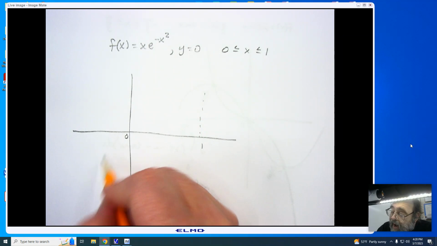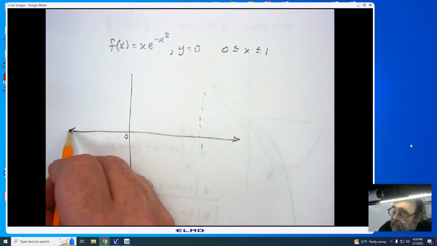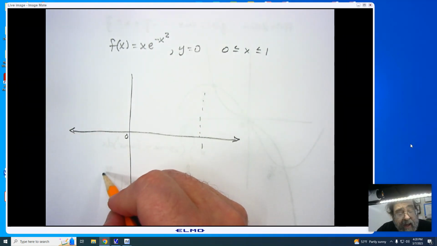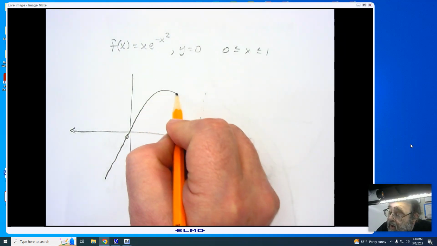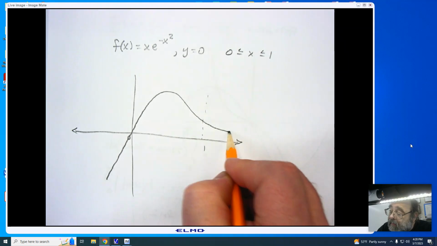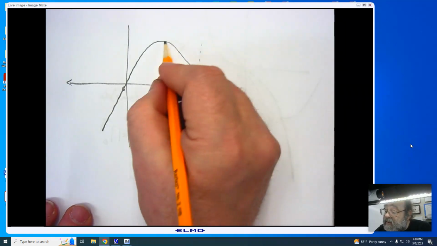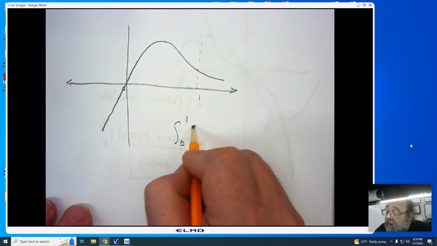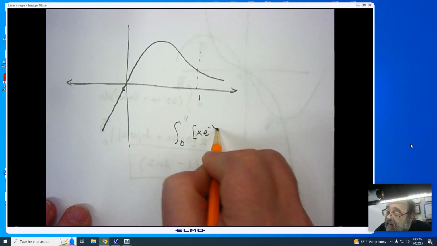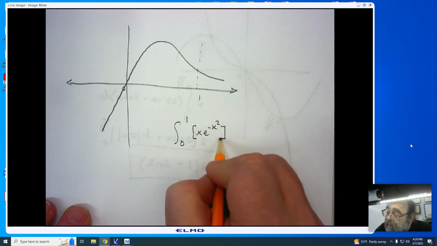And I know that this graph is going to do something kind of similar to this. It goes up, and it starts to come back down again. So we can see that we have this on top, minus 0, the integration 0 to 1 for x e to the negative x squared dx.